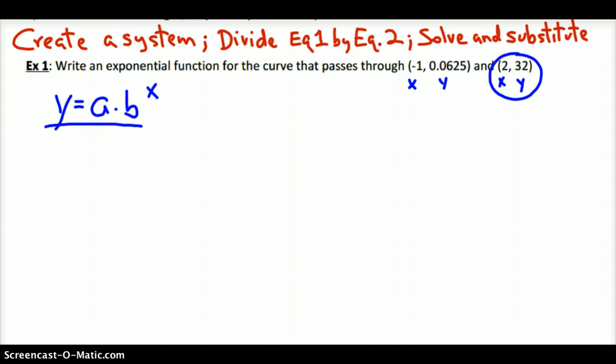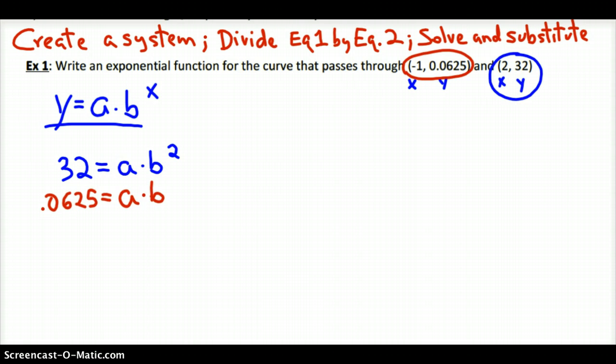And now I'm going to say that 32 equals a times b to the second power. The second point, I'm going to set up in red here, and I'm going to say 0.0625 equals a, b to the negative 1.